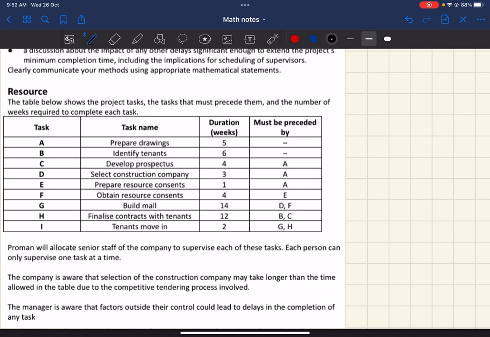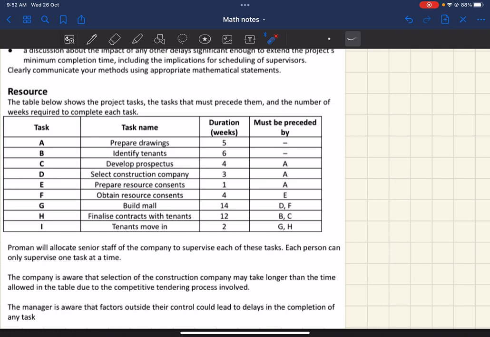And then we've got a table with the short letter for the task, what the task actually is, the duration, so how long the task takes, and what it's preceded by, so what comes before it. Proman will allocate senior staff of the company to supervise each of these tasks.